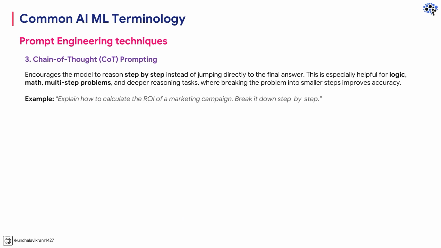And then chain of thought prompting. This is a technique which encourages the model to reason step by step, instead of directly giving the final answer. For example, I want to calculate the ROI for a marketing campaign. So I'll ask the model, explain how to calculate the ROI of a marketing campaign, break it down step by step. So instead of the model directly giving the ROI, it will think step by step, it will show you each step, right?